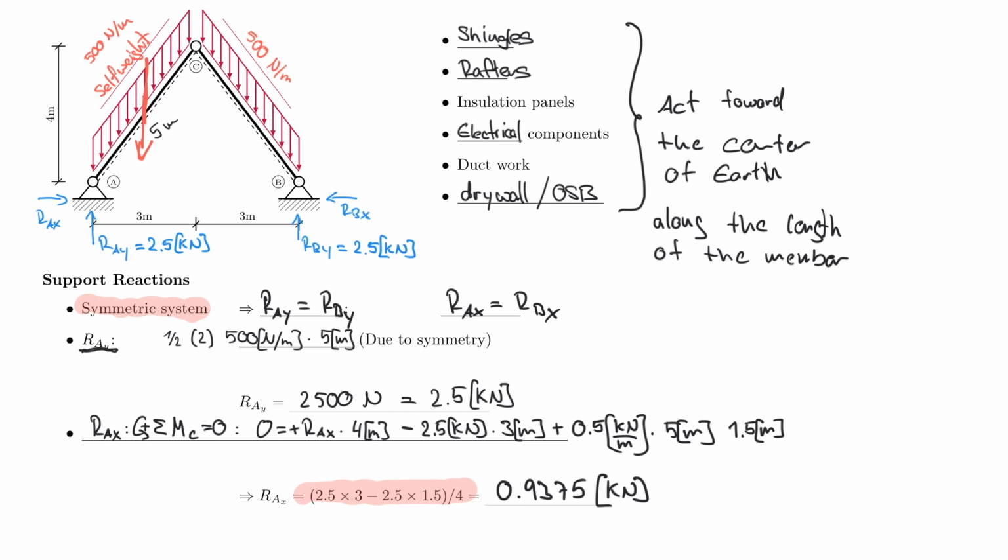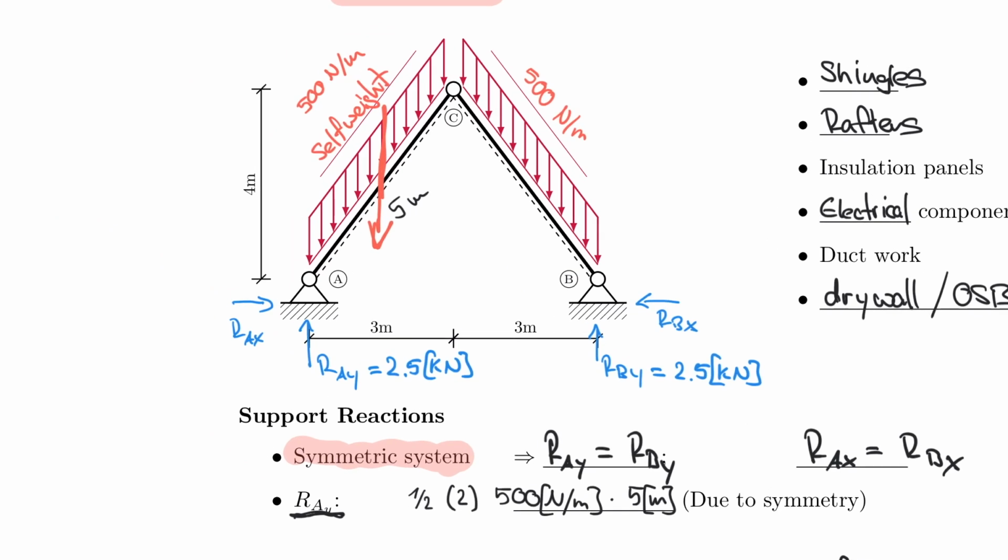It's easier to use these numbers here for this educational example so that later on we can clearly identify which number belongs where. And due to symmetry, RAX, remember, is also equal to RBX. And now I solved my support reactions. And in fact, I'm going to include that here in my system. So that is 0.9375 kilonewton.